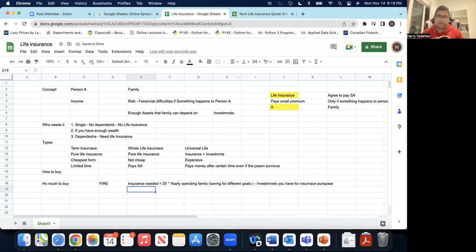So this is a quick and dirty way to calculate how much insurance you need.